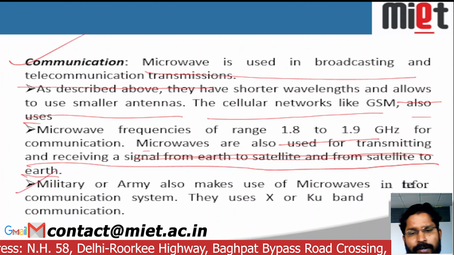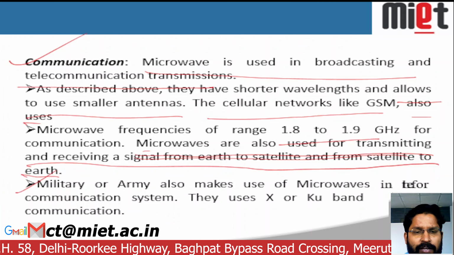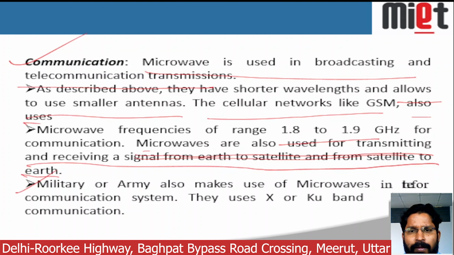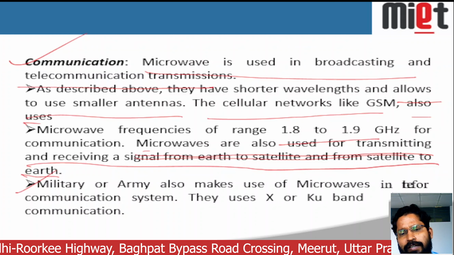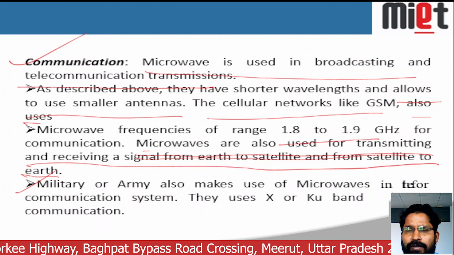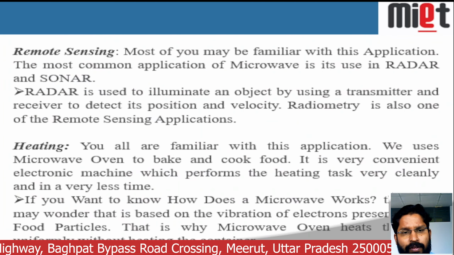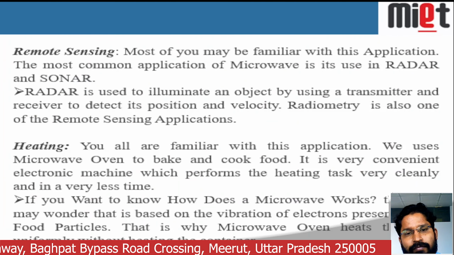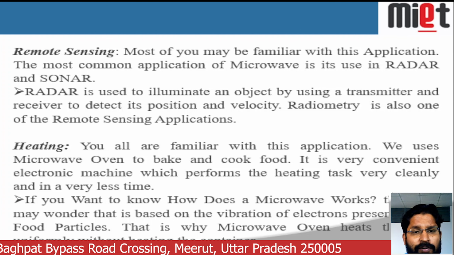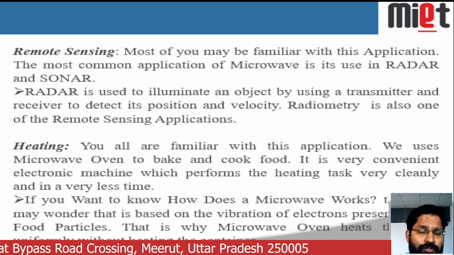It is also used for military applications in terms of radar, missiles, and communication, and radar also uses higher frequency bands, X band and Ku band. Remote sensing. In terms of remote sensing, most of you may be familiar with the most common application of microwave, its use in radar and sonar.